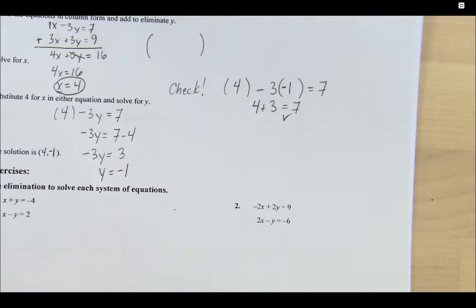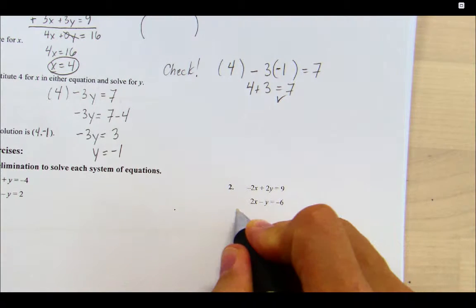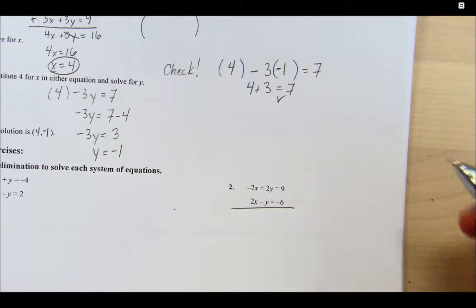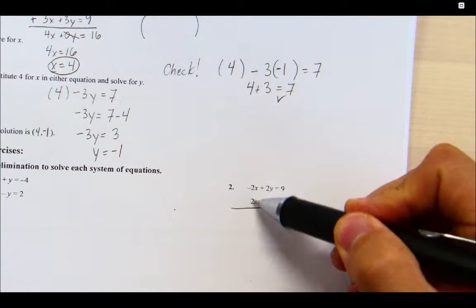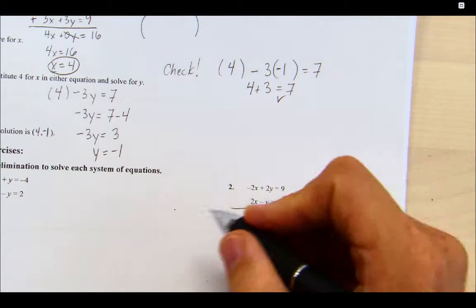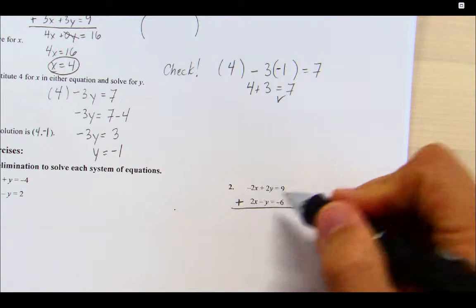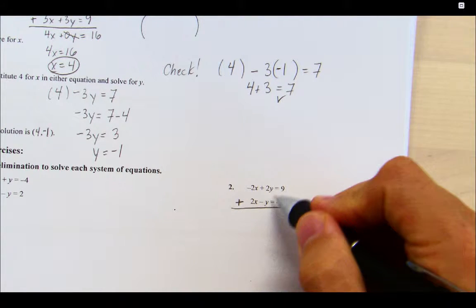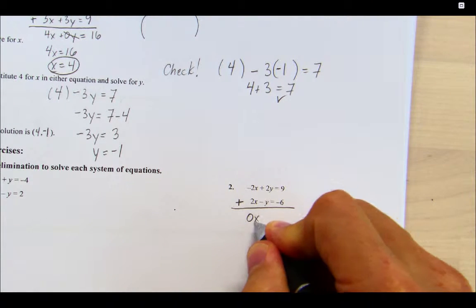Okay, let's try one more in here. Let's go with number 2. In this one, you've got to choose which variable you want to get rid of. These are already set up for us. I can see that those two there, when I add them up, are going to give me a 0x. So negative 2x plus 2x gives me that 0x that I'm looking for.